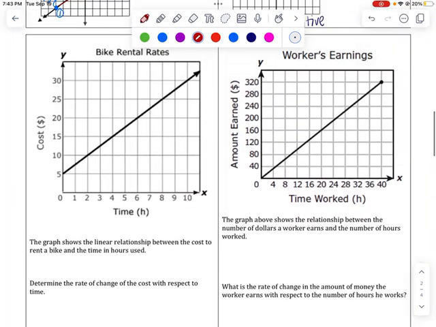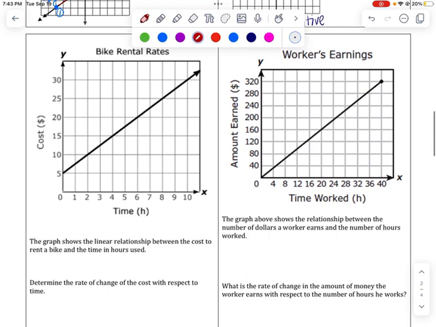Let's check out some of these big word problem ones. All right, real life ones. So here it says the graph shows the linear relationship. If I'm getting the word linear, I'm immediately thinking slope or y equals mx plus b. That's my linear function. Okay, so I'm thinking about that, and I've got the cost to rent a bike and the time in hours used.